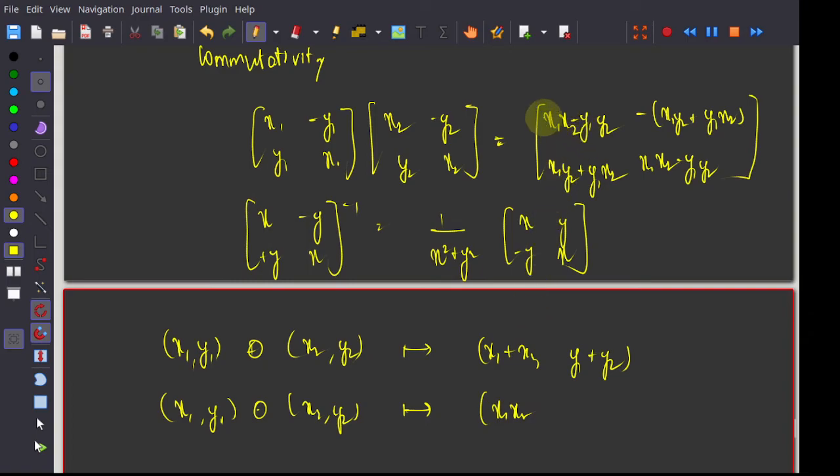So it basically corresponds to this element, right? This is my x, correct? And this is my y, right? So I multiply x1 y1 with x2 y2. I'll get minus y1 y2, correct?